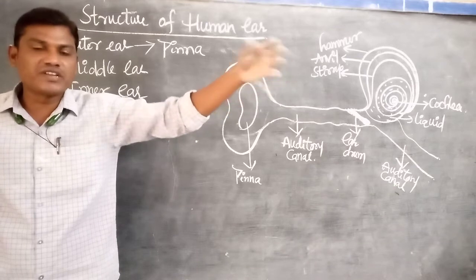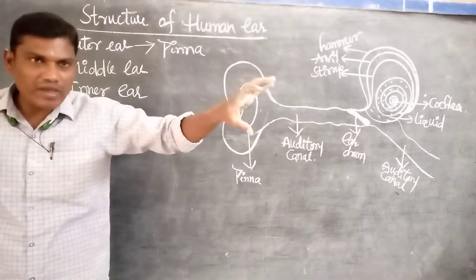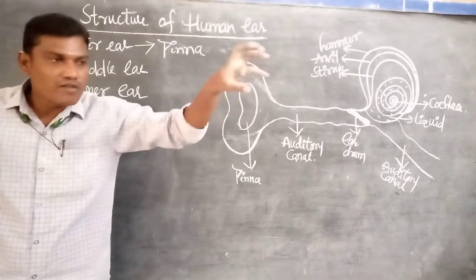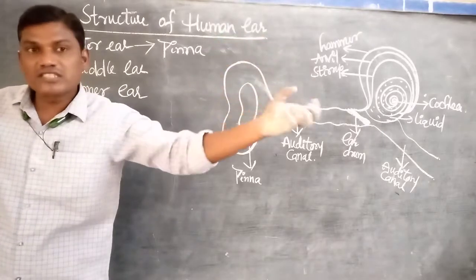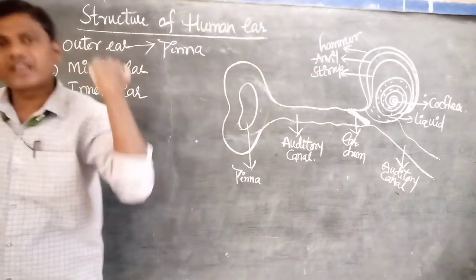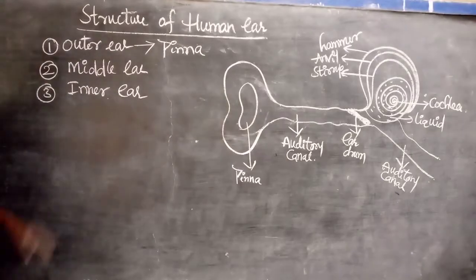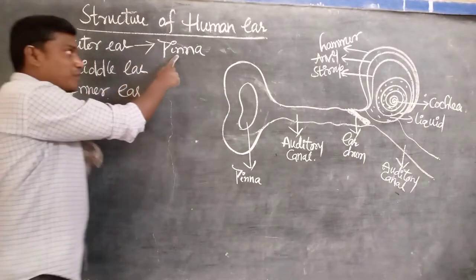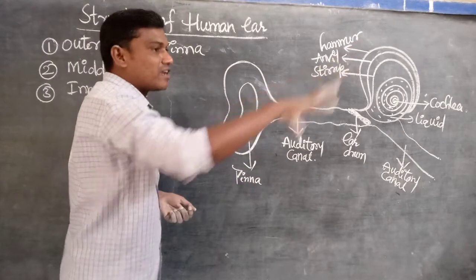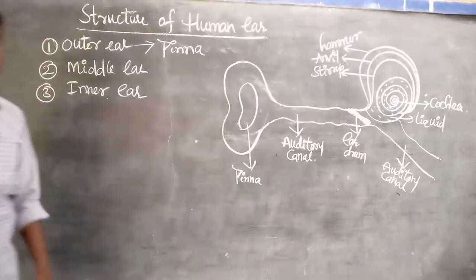Sound is produced in different ways, and whatever sound is produced in the surrounding area is collected by our outer ear, the pinna. That's why the outer ear is also called the pinna. It collects the sound from our surrounding area.